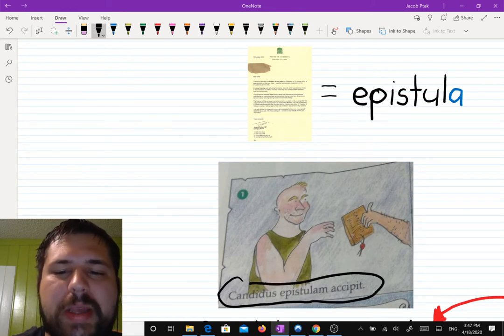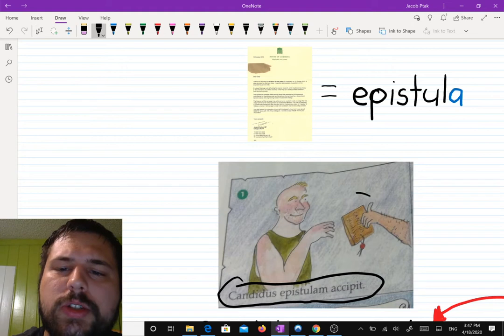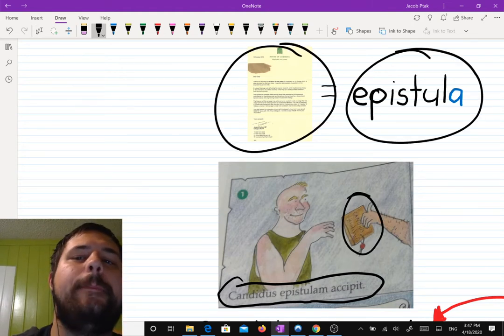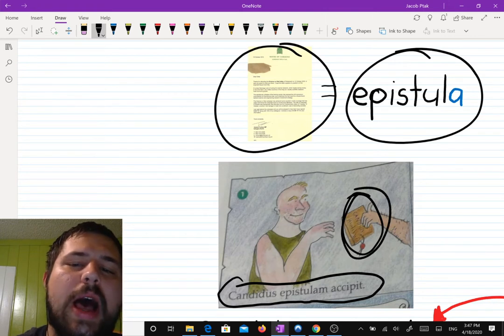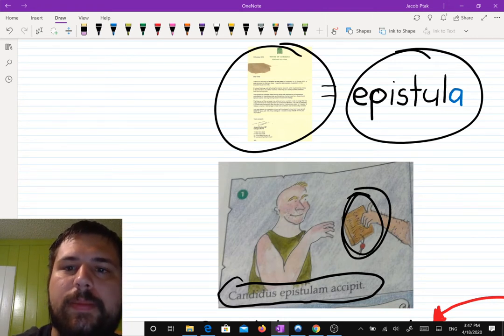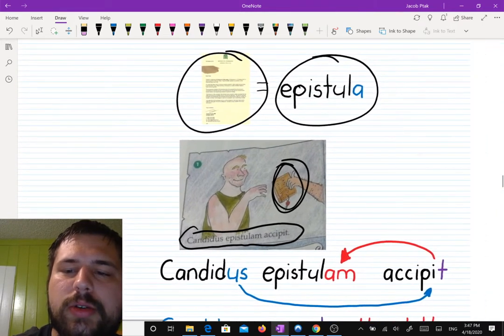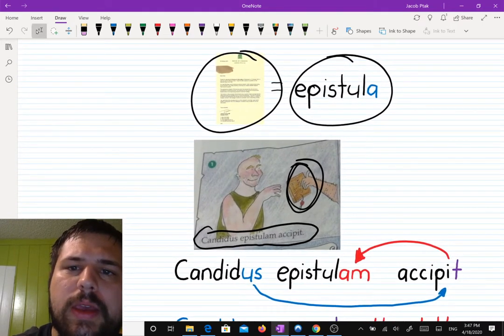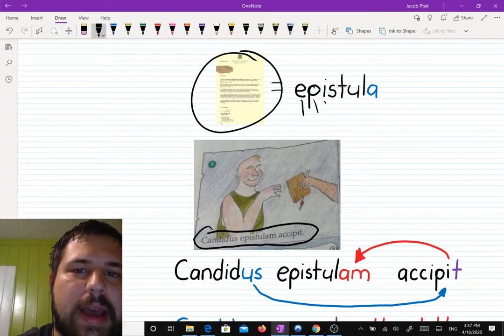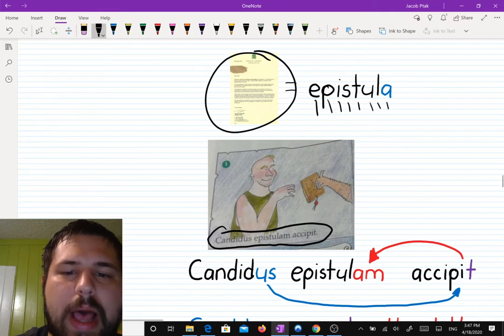Candidus epistulam accipit. So this thing right here is an epistula. But in the sentence, it's spelled a little differently. Let's look a little bit closer at this. The regular way to spell the word is E-P-I-S-T-U-L-A, epistula.